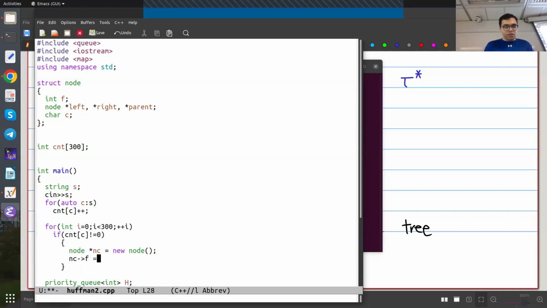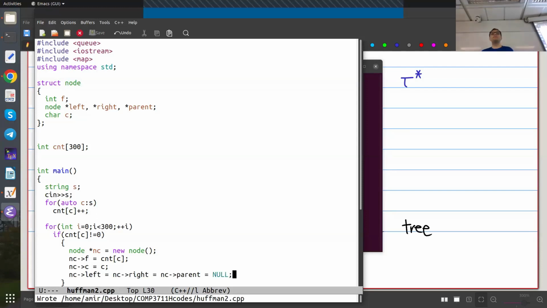This node's frequency is just going to be the number of times that this character appeared. The character is the character, right? And it's not going to have a left child, a right child, or a parent. All of those are going to be null. I don't need to write this, but I'm just writing it to emphasize that they're null.